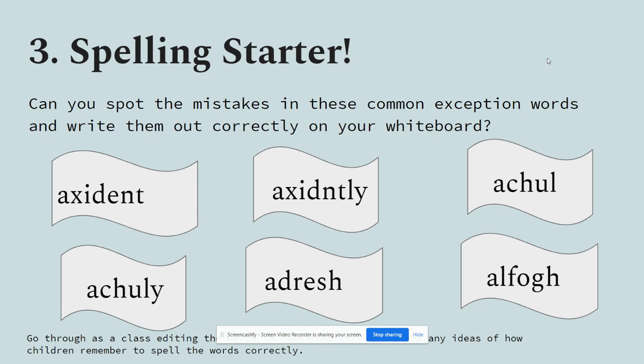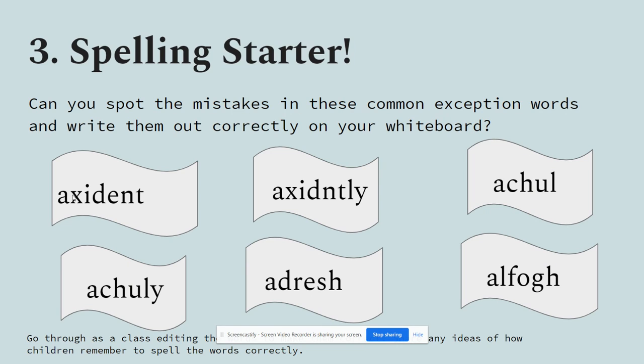Then the third day, they have the words, and the letters have been mixed up, but also you've got some spelling mistakes in them. So accident, for example, here obviously is spelt incorrectly. It's done phonetically.